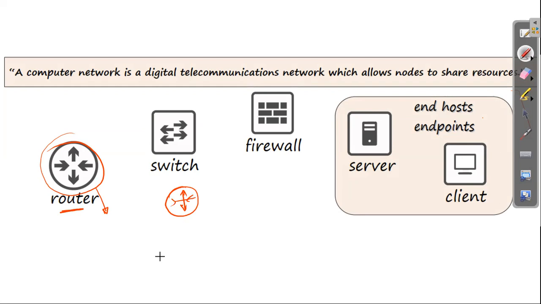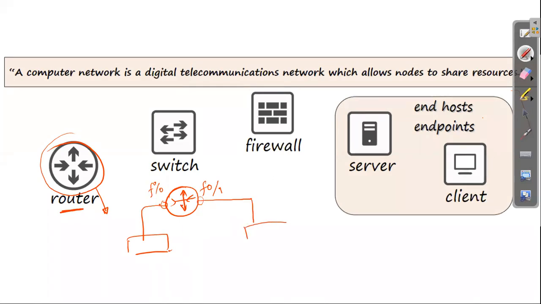If there is a router, this router is connected to one LAN here. Another interface. These are called interfaces, right? This may be FastEthernet 0/0, this may be FastEthernet 0/1. Actually, this is the interface ID.